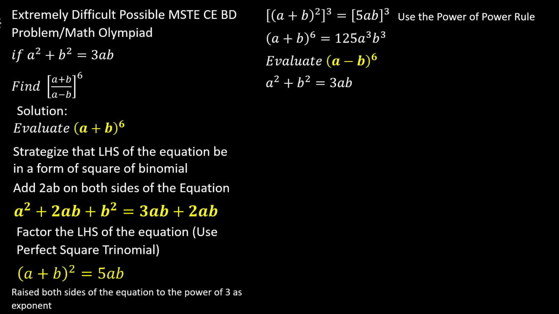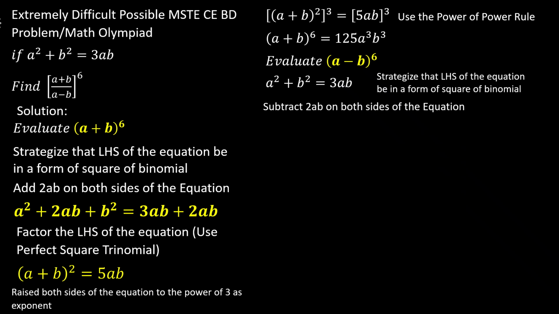Let me utilize again our given equation. Originally, a squared plus b squared equals 3ab. Again, let's strategize that the left-hand side of the equation be in the form of a square of binomial, which is actually a special product formula.